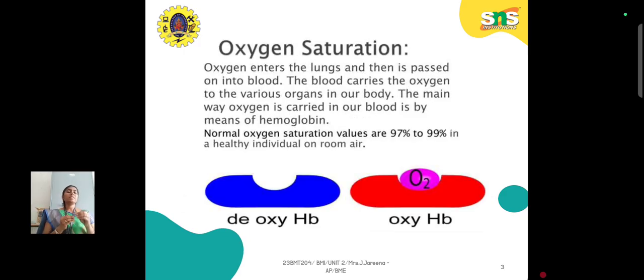So let's see what oxygen saturation is. You know how important oxygen is, right? Oxygen acts as a fuel. It makes all the organs function normally. Without oxygen, no organs, cells or muscles will have normal function. So oxygen has very high priority.